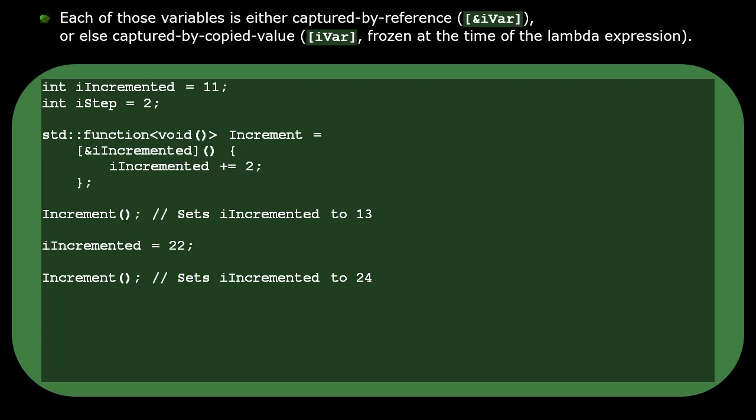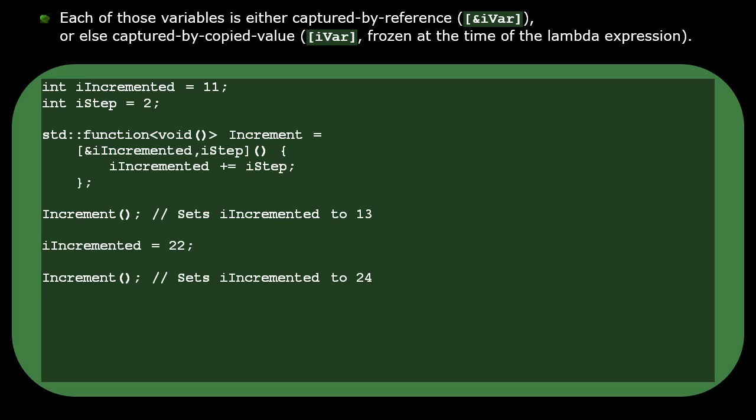Now, let's introduce another variable. But this time, we won't type the ampersand symbol. So this iStep variable will be captured by copied value. Remember that this lambda is evaluated while the callable object variable is being initialized.